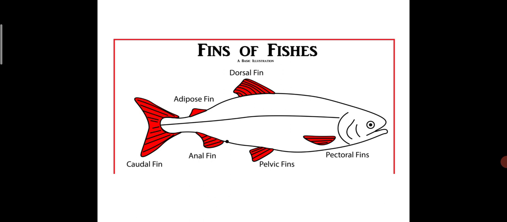When we come to paired fins or lateral fins, they occur in pairs on the lateral sides of the body. The shark has two types of lateral fins, namely pectoral and pelvic fins.